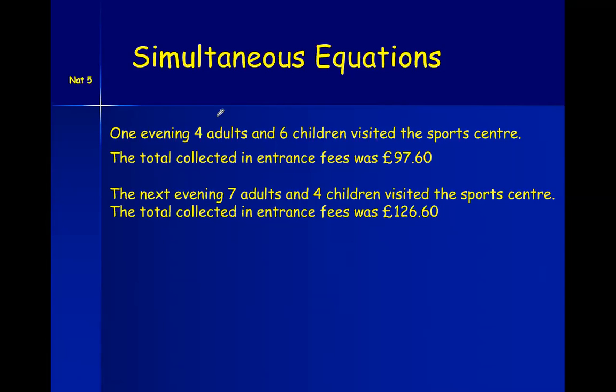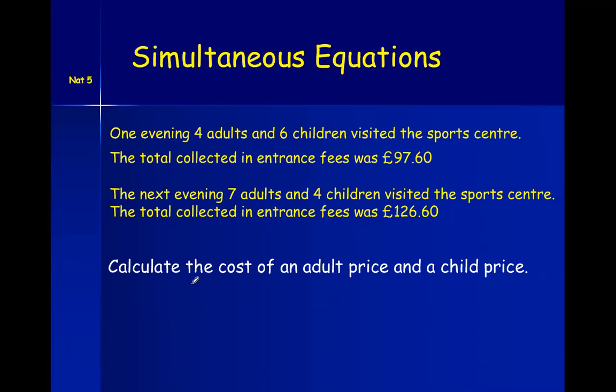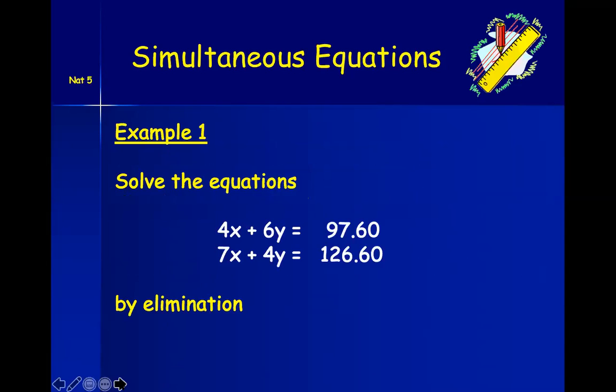So we can decide X is the price of 1 adult and Y is the price of a child. So 4X would be 4 adults plus 6Y is 97.6, and 7X plus 4Y is 120.6. So we've been asked to find X and Y basically. What is the price of an adult? What is the price of a child?